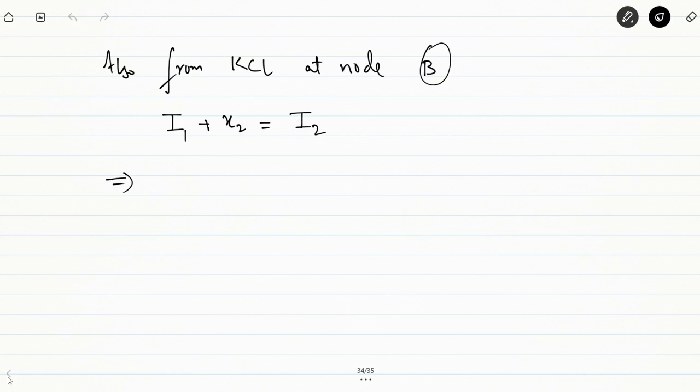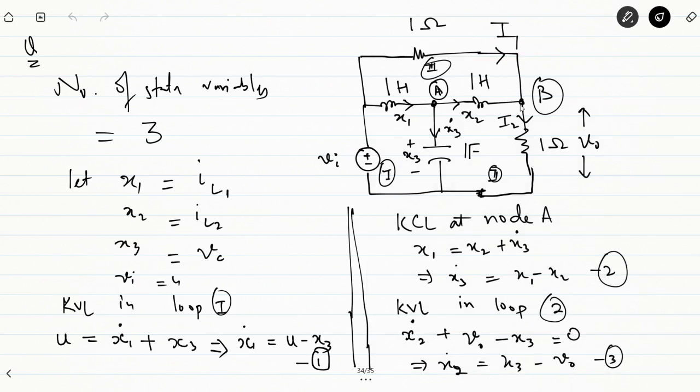So I1 क्या है हमारा? I1 is this voltage minus this voltage. This voltage is nothing but V0, and this voltage is nothing but VI.